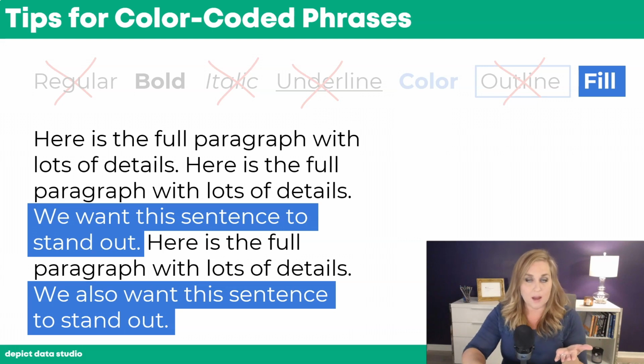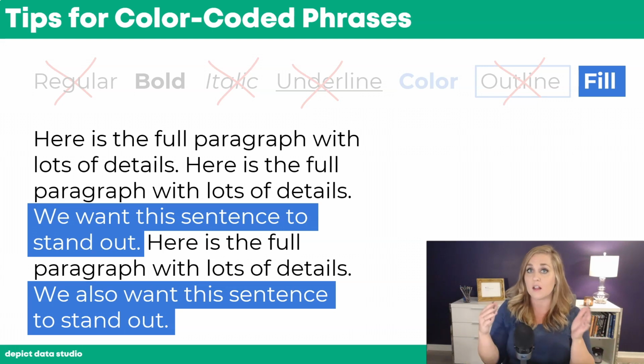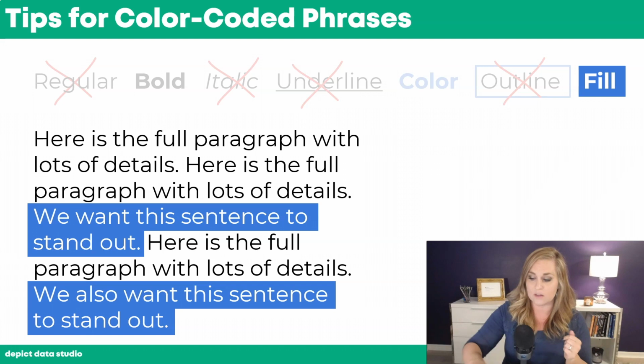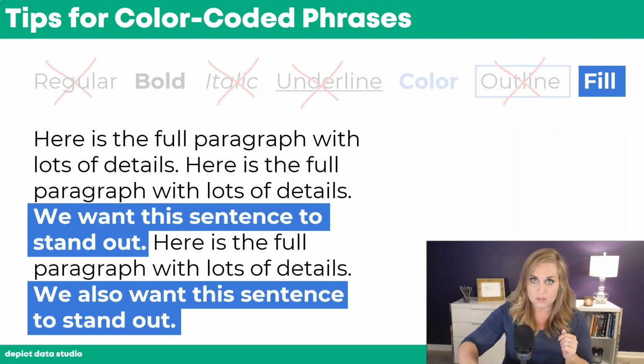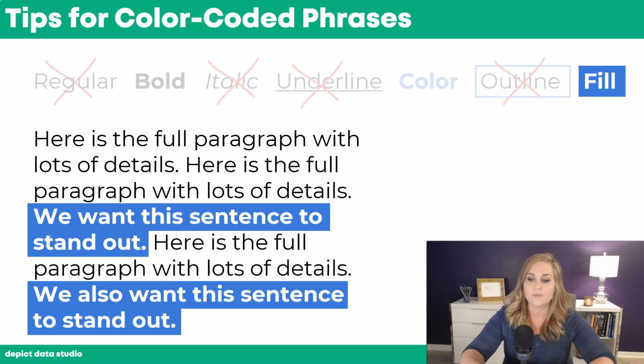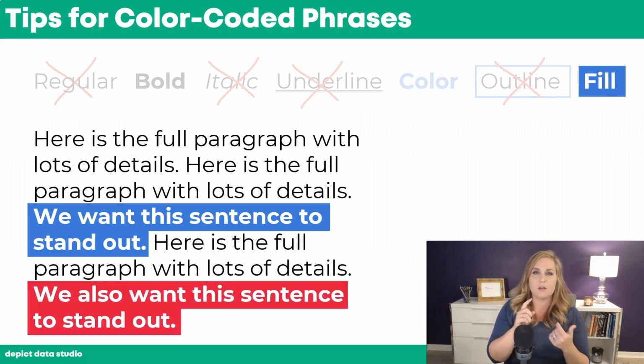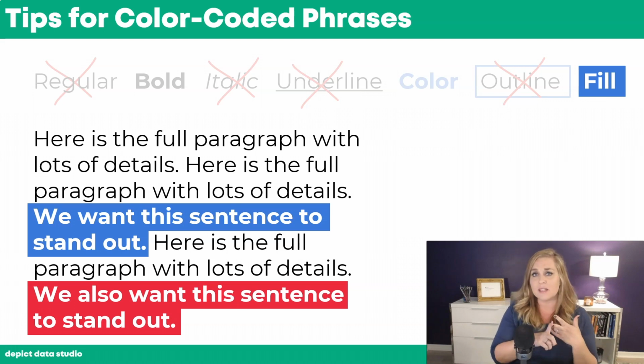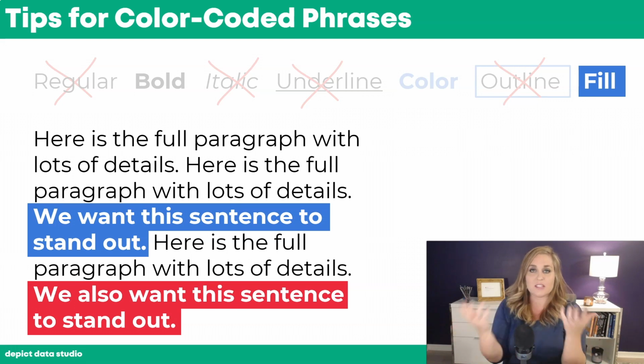Remember that rule of thumb I just told you about accessibility. If it's colored text or a colored background, it needs to be bold to make sure that it's legible and it's visible for all of us. For bonus points, the icing on the cake would be to color code your key phrases by topic, by tone, by sentiment, whatever these different categories are.